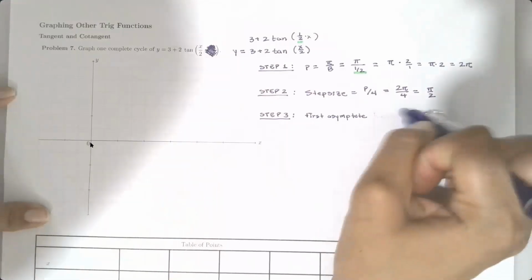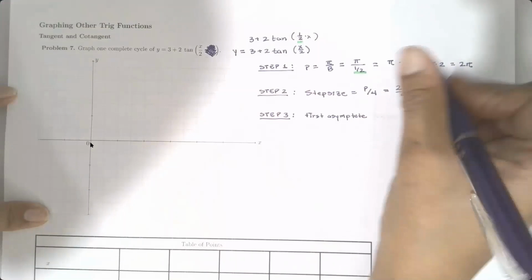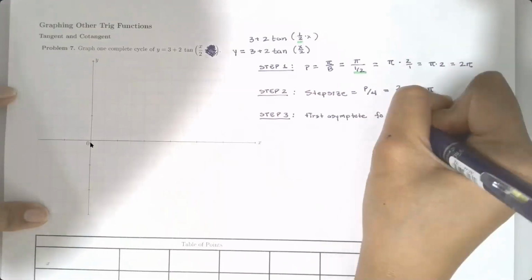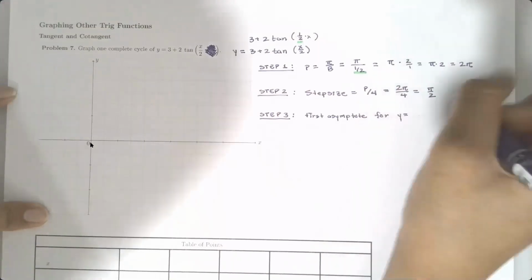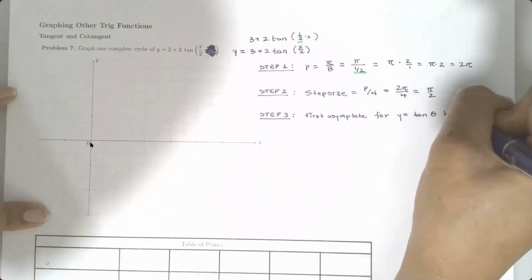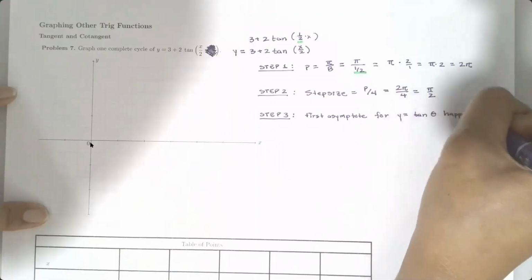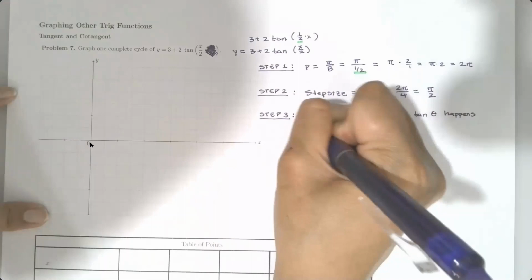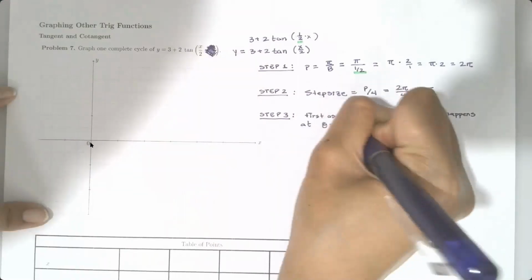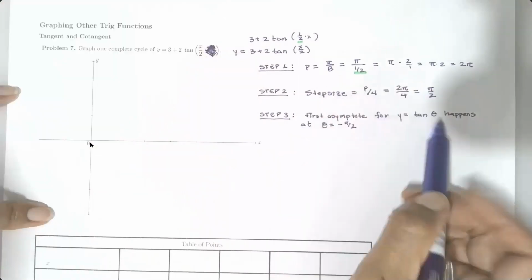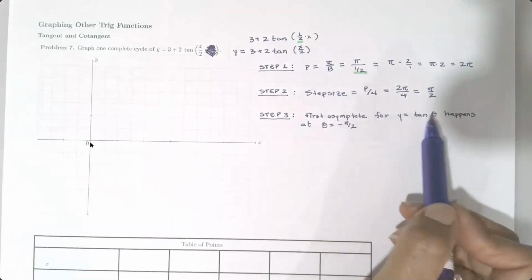Let's say that we had theta instead of x. So the first asymptote for y equals tangent of theta happens at theta equals -π/2. Okay, that's when tan of -π/2 is undefined.